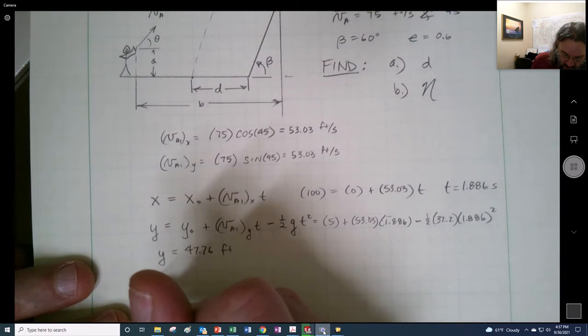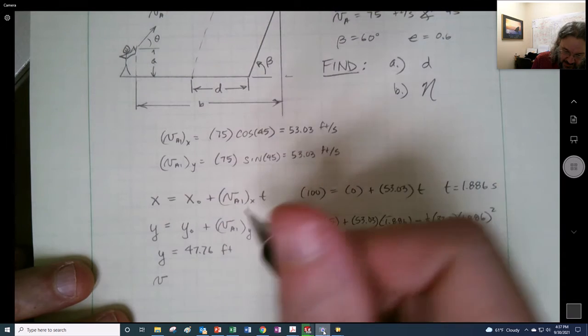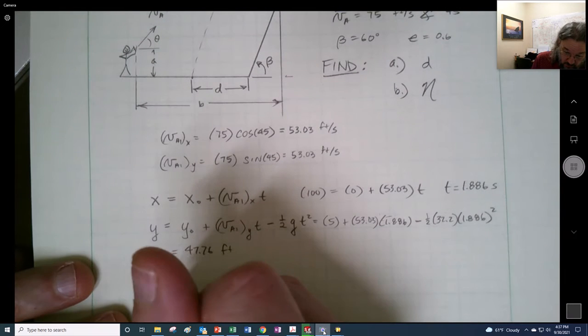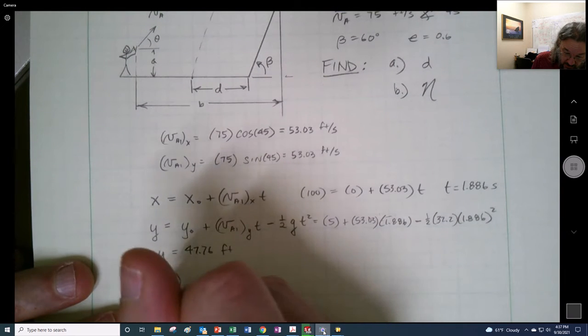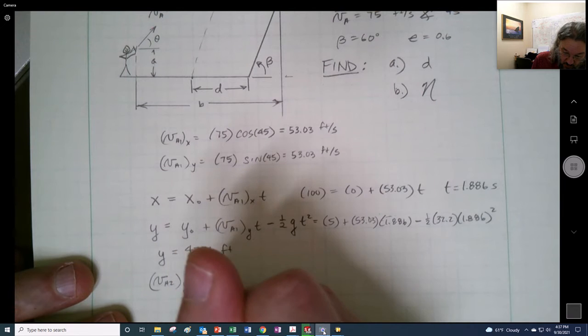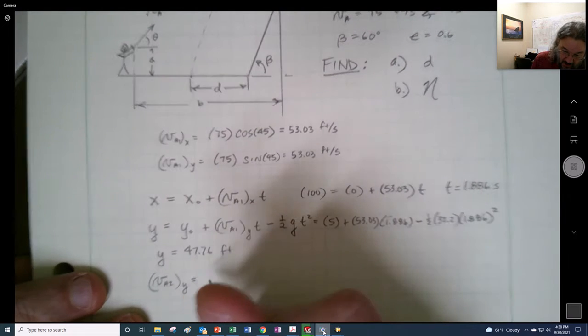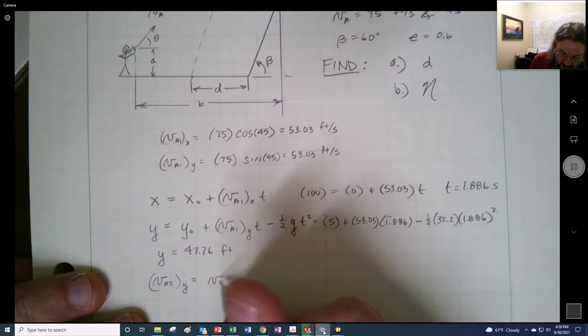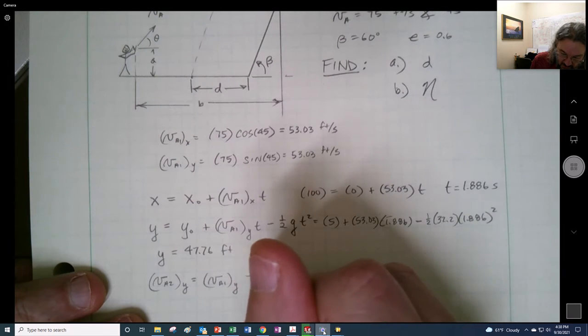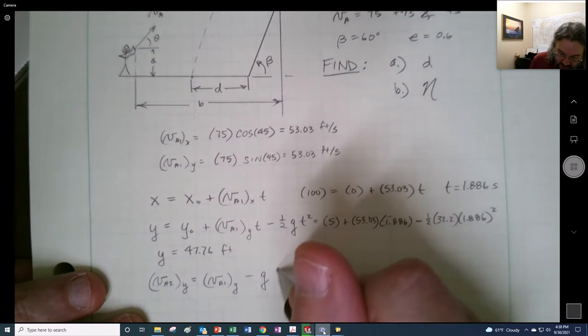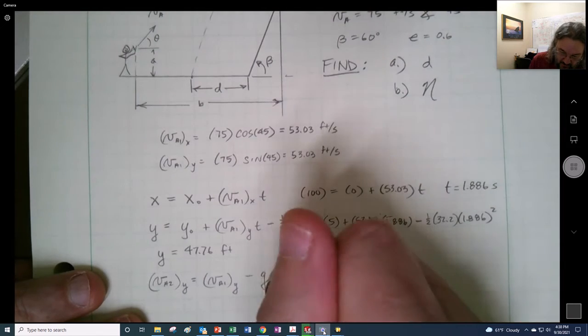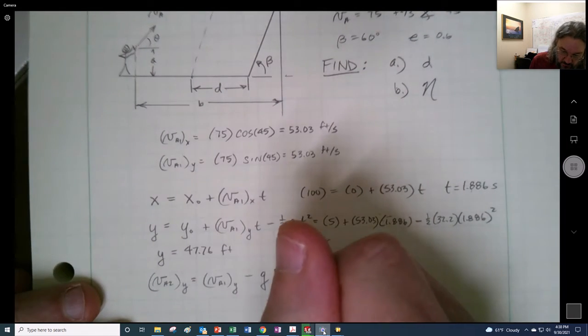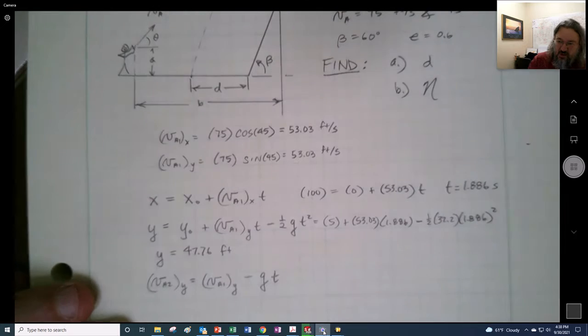We also might want to know the velocity. We do want to know the velocity when it hits. So we'll call that A2, and it's going to be the y velocity. And so that's going to be velocity A1 in the y direction minus g times t. And it's probably going to be going down, right?